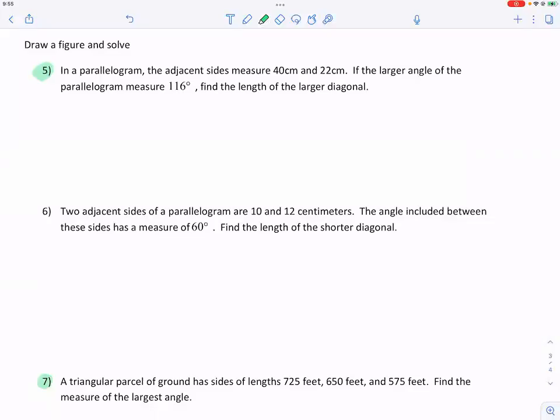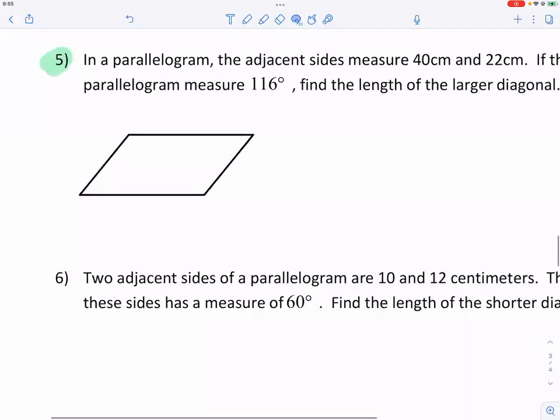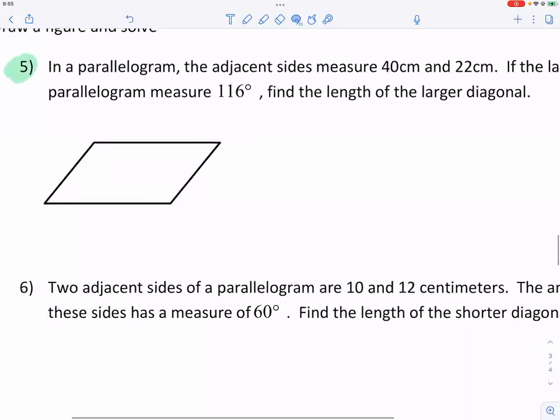Well, number 5, let me go ahead and draw the lovely diagram here. So you have a parallelogram. I'm going to draw a perfect parallelogram by using the properties of parallelogram, which is the opposite sides must be congruent. So you have 40 centimeters, and the opposite angles are always congruent as well.